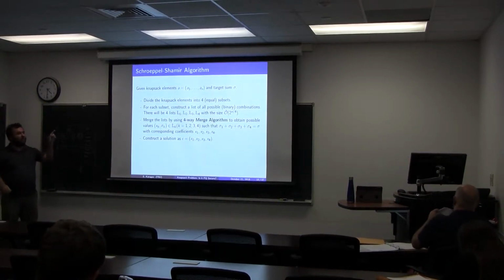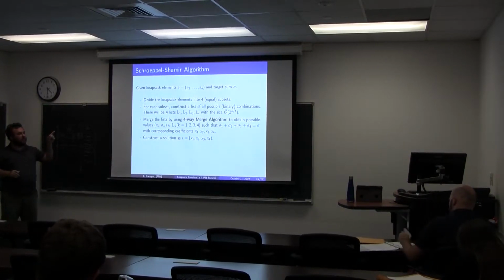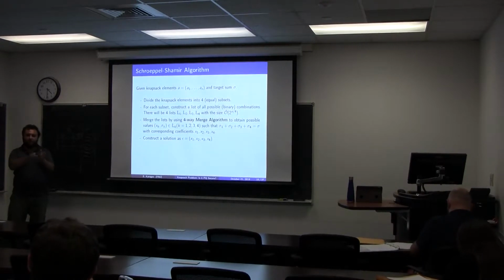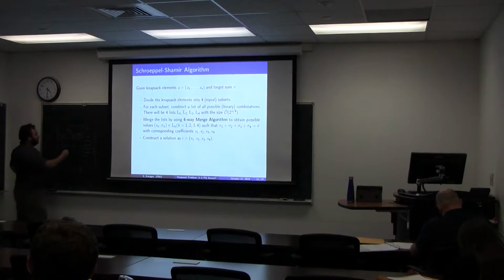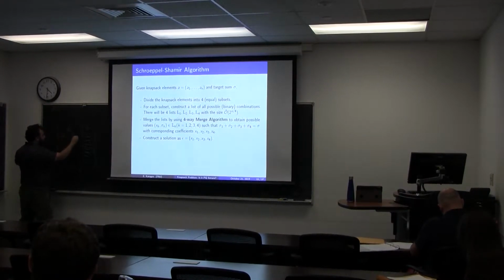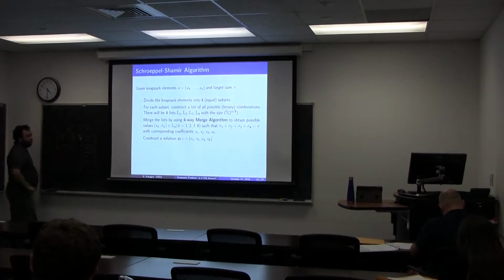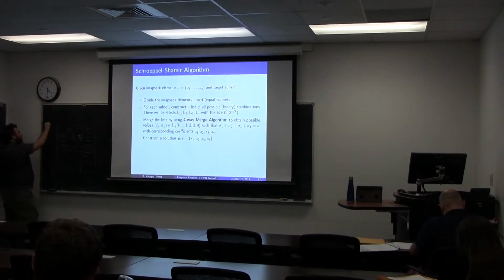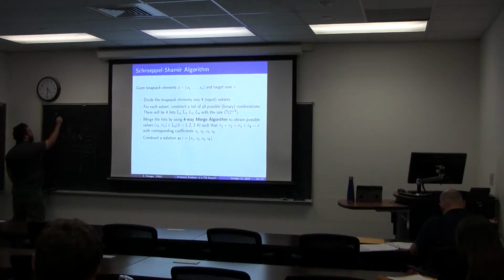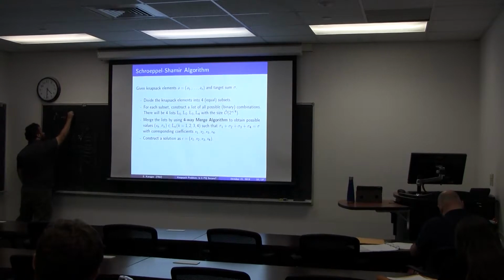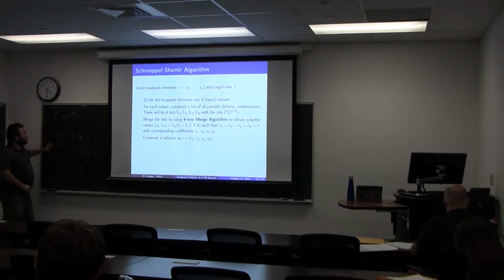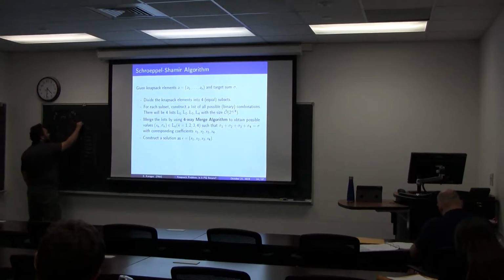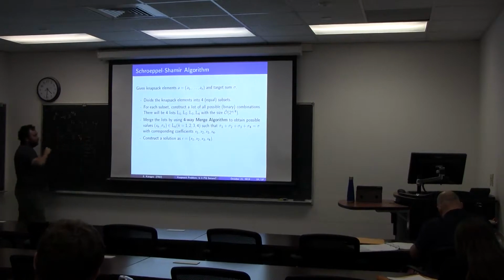But when you divide this knapsack set a_1 to a_n into 4 equal subsets, this length becomes n over 4. So your list was of size 2 to the n, but you decrease your list size to 2 to the n over 4. Okay? So you create 4 lists, L1, L2, L3, and L4, each of size 2 to the n over 4.